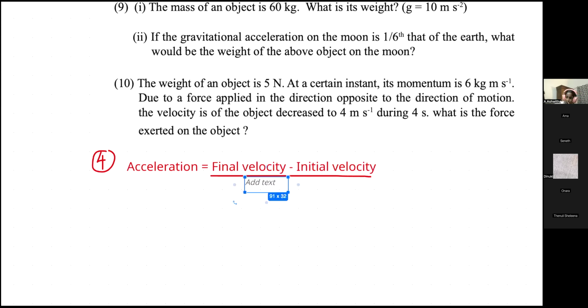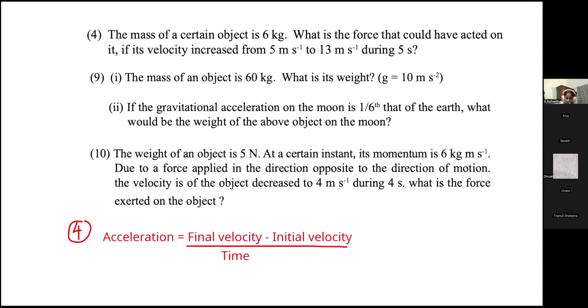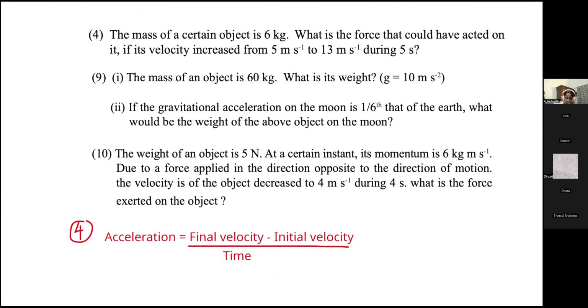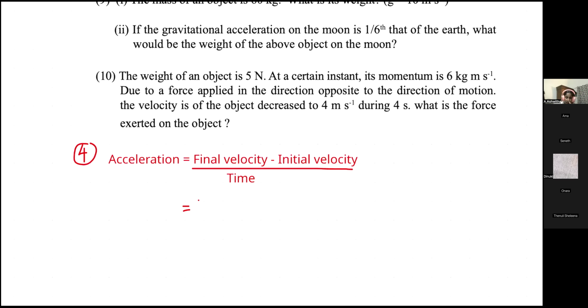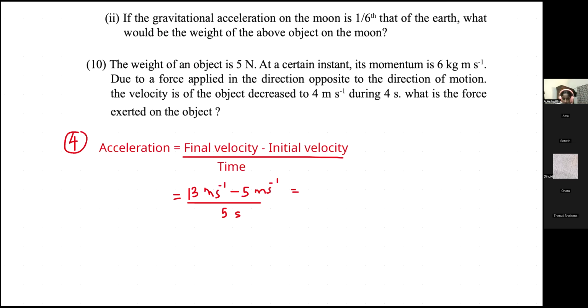Final velocity minus initial velocity divided by time. So final velocity is 13 ms minus 1, right? Initial velocity is 5 ms minus 1, time is 5 seconds. So 13 minus 5 is 8.